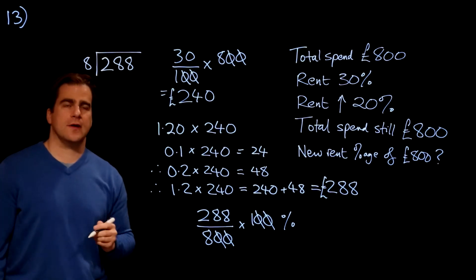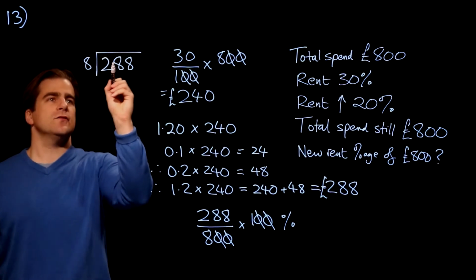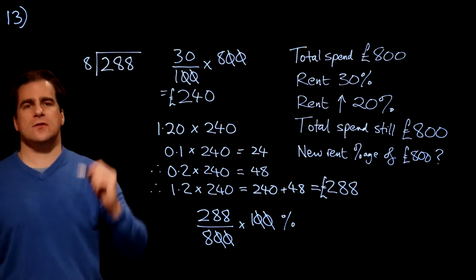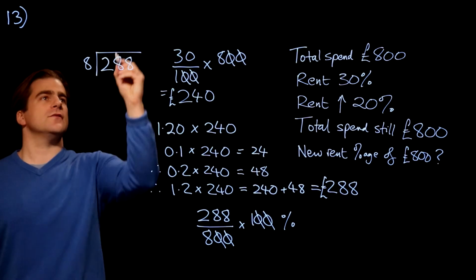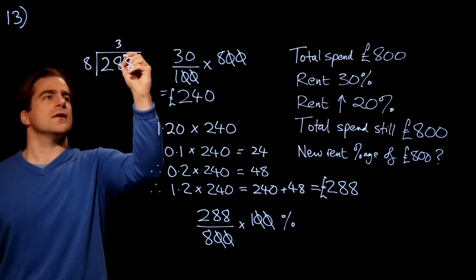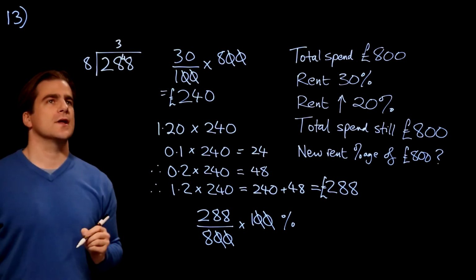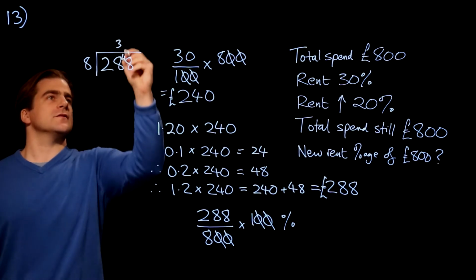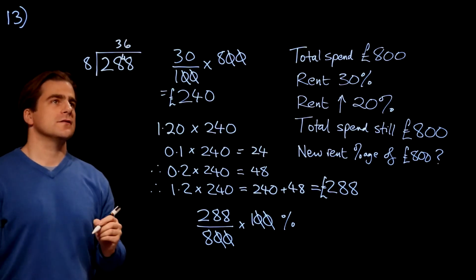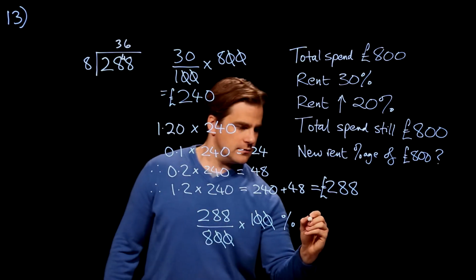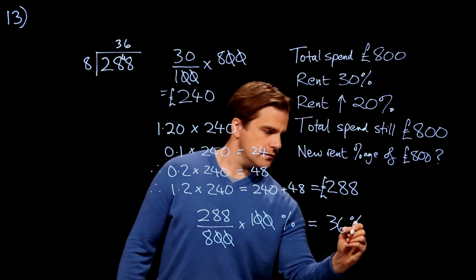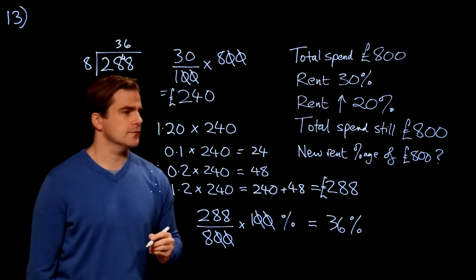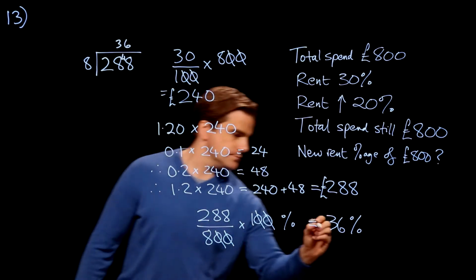Again, it's non-calc, so we have to do this. 8 into 2 doesn't go, so we do 8 into 28. Well, 3 8s is 24, remainder of 4. 8 into 48 goes 6. So the answer is 36%. That's it.